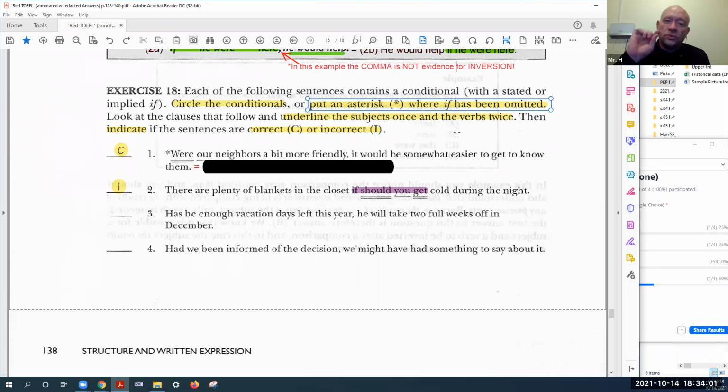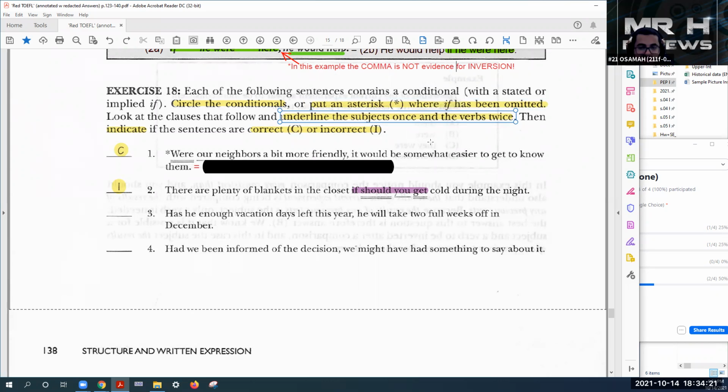So when the if connector is missing, put the asterisk there in the location where we normally have if, okay? And then what? Underline the subject once and the verb twice. Indicate correct or incorrect. Good.